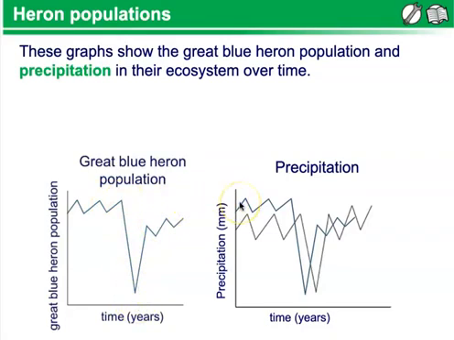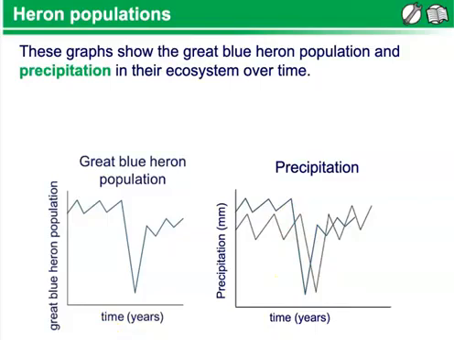When we overlay a precipitation graph, we notice that the population is remaining stable at the same time the precipitation remains stable. When the precipitation decreases, the population also decreases.